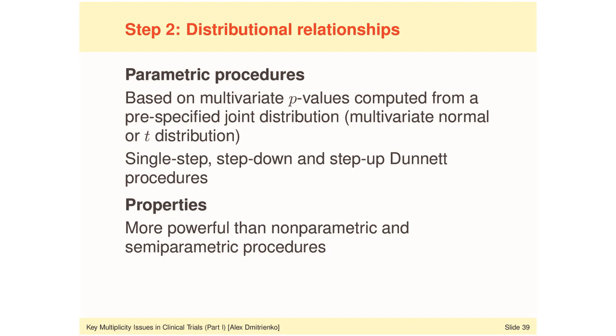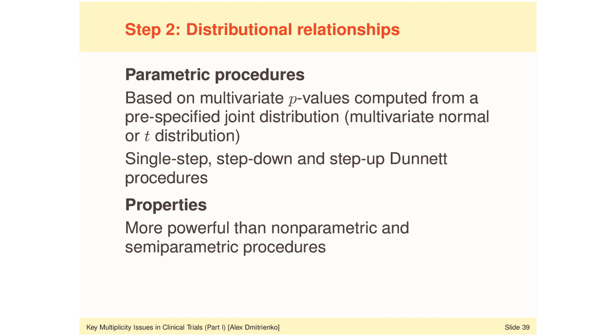And since parametric procedures make full use of the joint distribution of hypothesis test statistics, they are more powerful than nonparametric procedures. But what we need to keep in mind is that parametric procedures, unlike their semiparametric counterparts, are very sensitive to the underlying distributional assumptions.